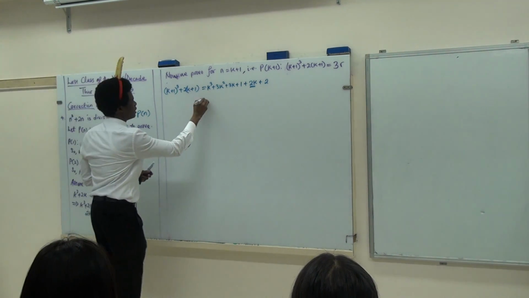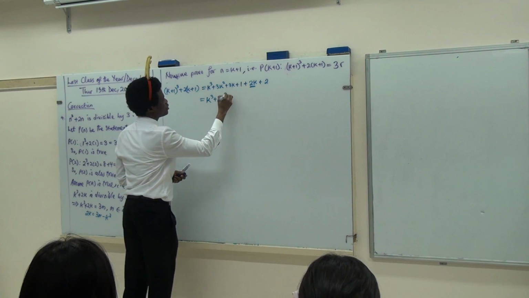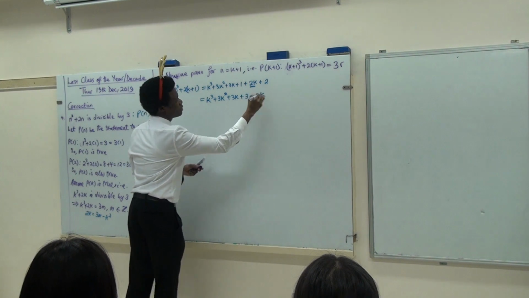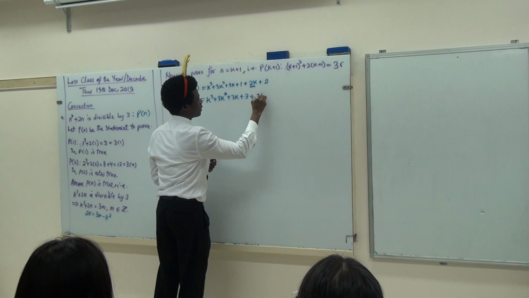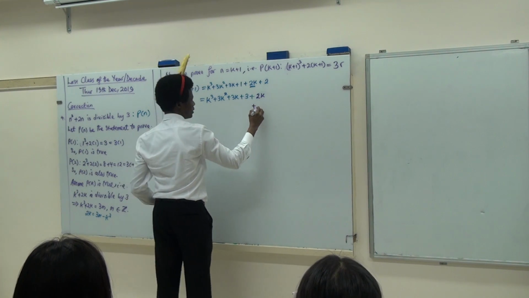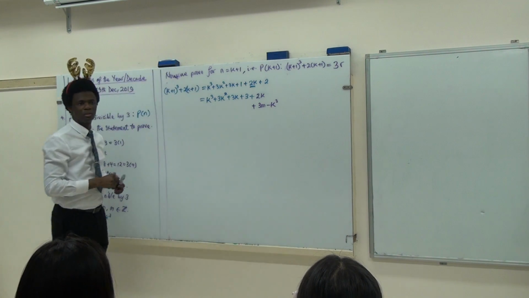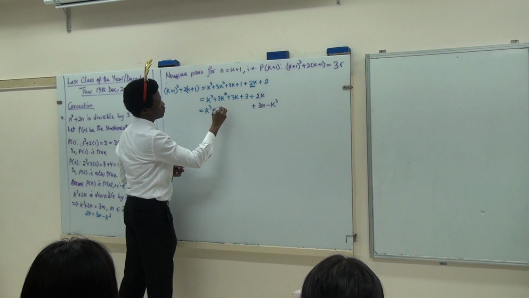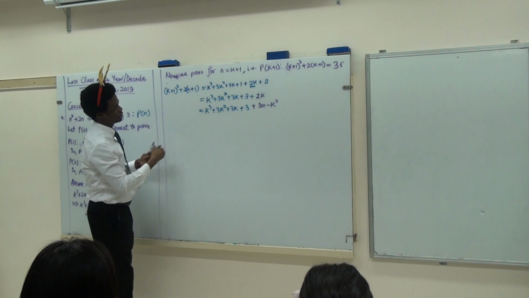Let's write this one more step. 2k equals 3m minus k cubed. So this 2k is now going to become 3m minus k cubed. Can you see that? So this is k cubed, this is 3k squared, this is 3k, this is plus 3. What does that tell you?